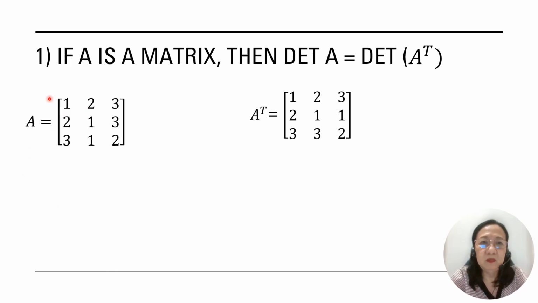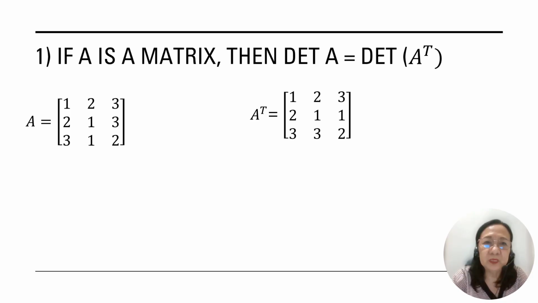We have 1, 2, 3 written in its first row. That must be written in the first column of the transpose. Similarly, 2, 1, 3 for the second row must be 2, 1, 3 in the second column. And 3, 1, 2 in the last row must be 3, 1, 2 in our last column.